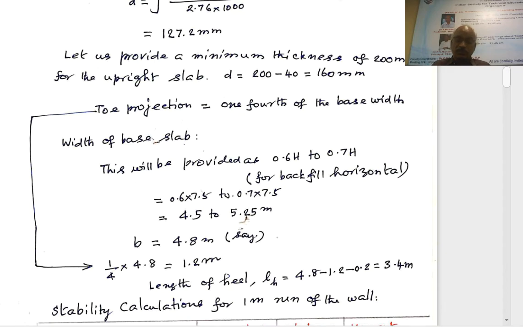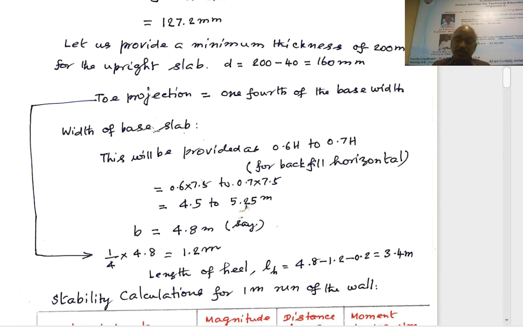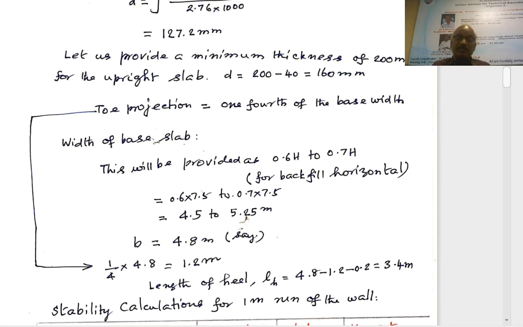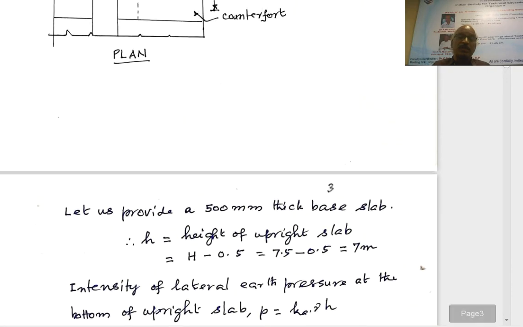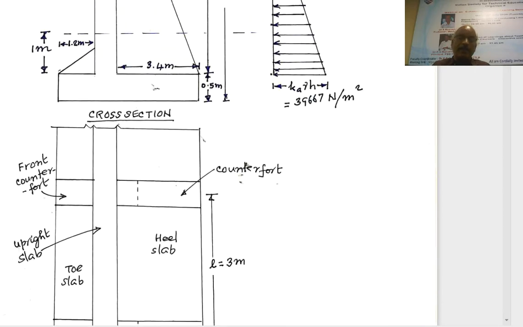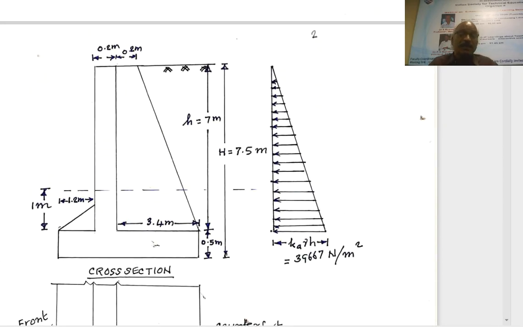Before going to the stability calculations, we will check the figure again for this 3.4, 1.2, 4.8, etc. We will have again an idea about the cross section of the wall. Now we can see the base width is 4.8 and the length of the heel is 3.4 meters.